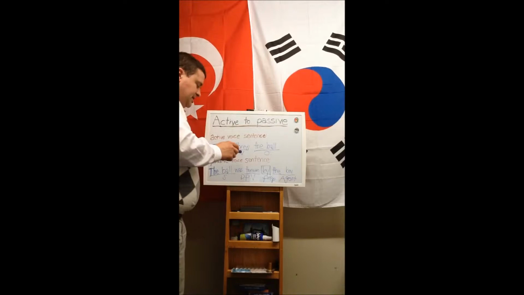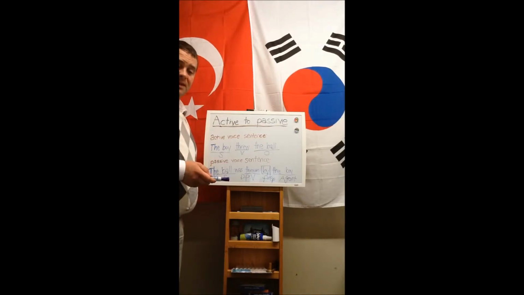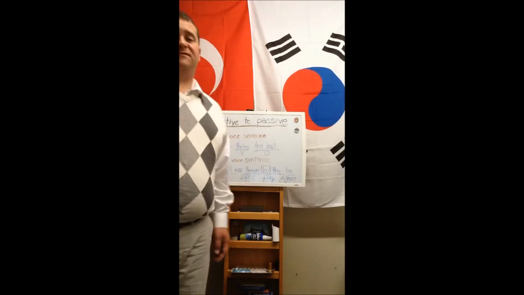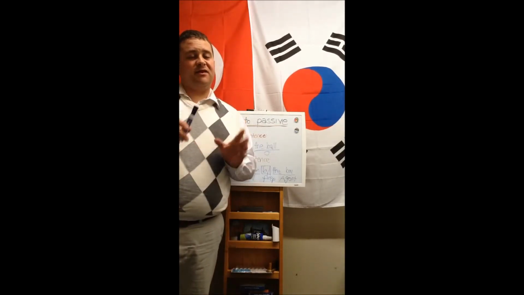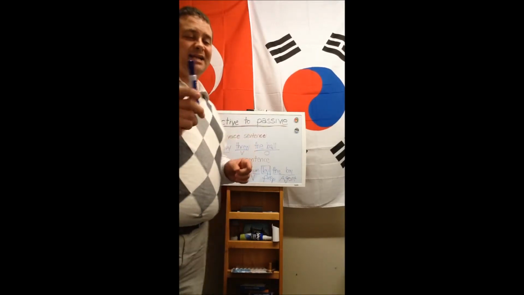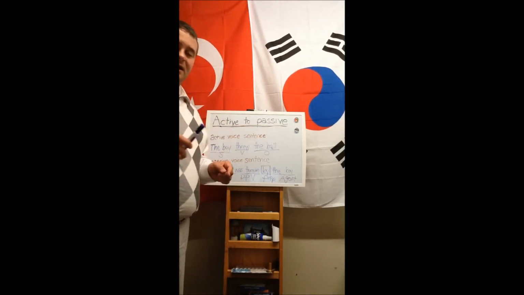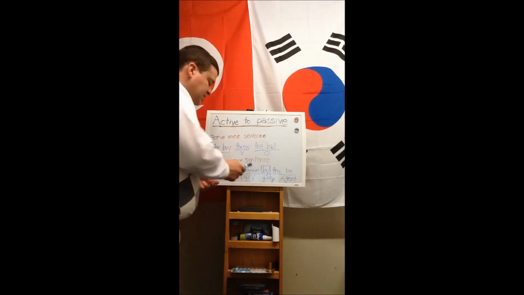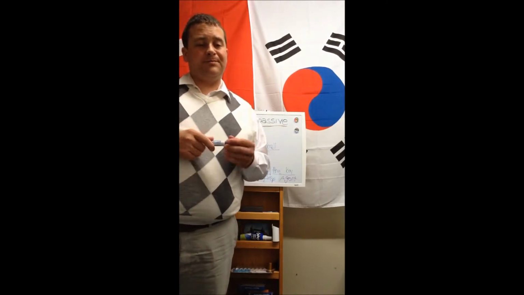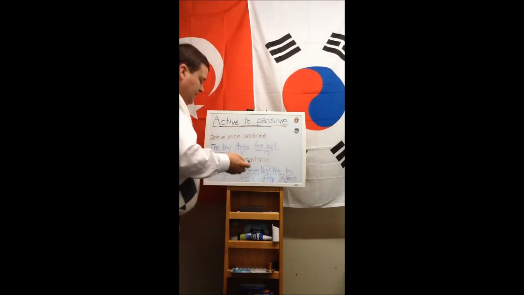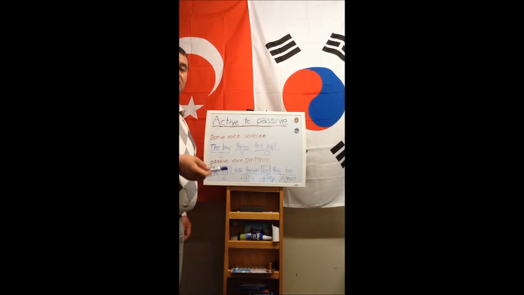Next, we need to look at the verb, threw. Now, in a passive voice sentence, it's very important to remember that the tense that's used in an active voice sentence remains the same when it changes into a passive voice. Okay, so threw becomes thrown.